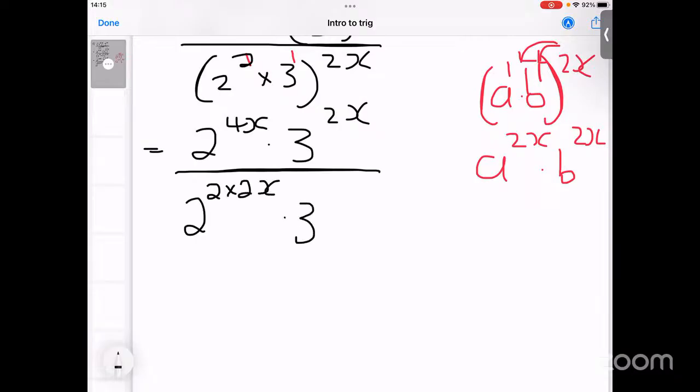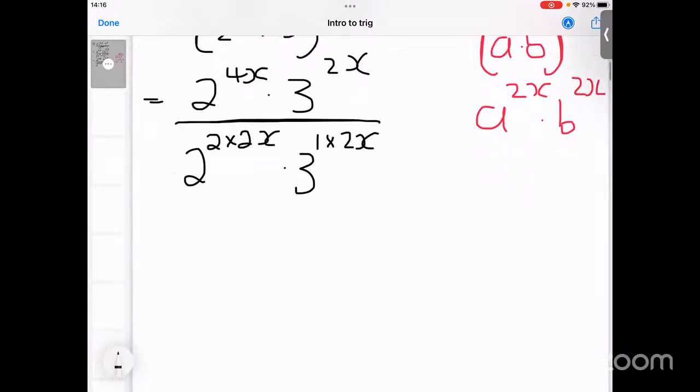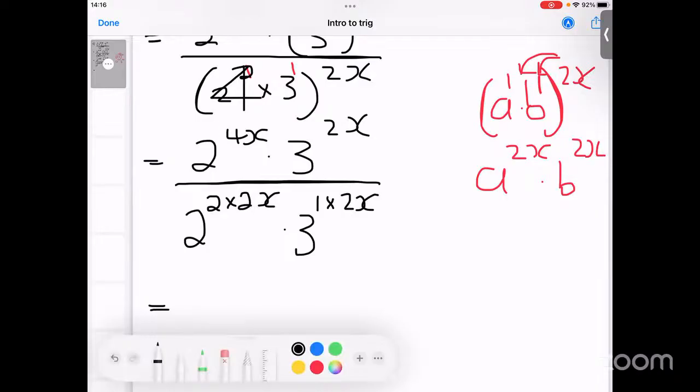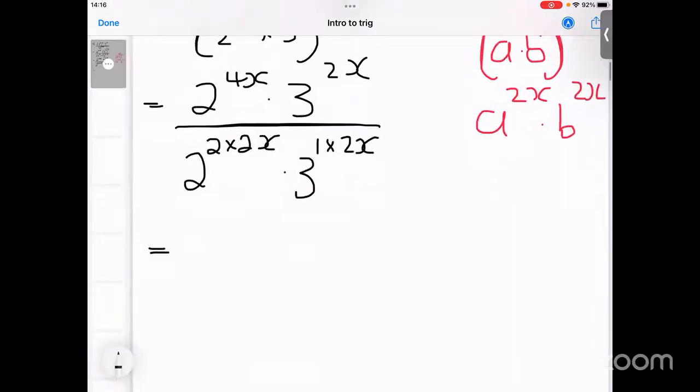And then 3, you have that invisible 1 multiplying that 2x. So even if you wrote this thing as 4, it was still fine. It's just that it was going to be a long try because you will still have to rewrite that 4 as 2 to the 2, and then it multiplies again that 2x.